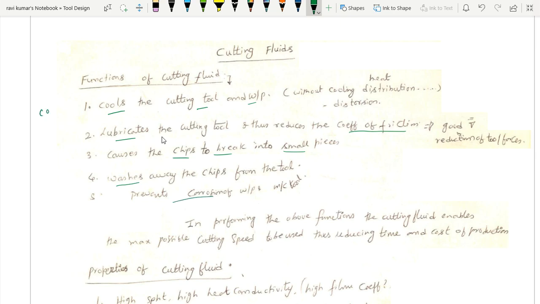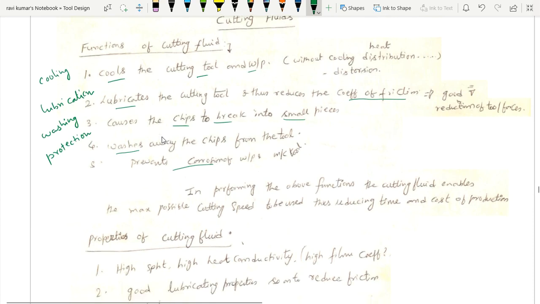So cooling function, lubrication, washing function, protection function, right? So these are the important functions of cutting fluid.